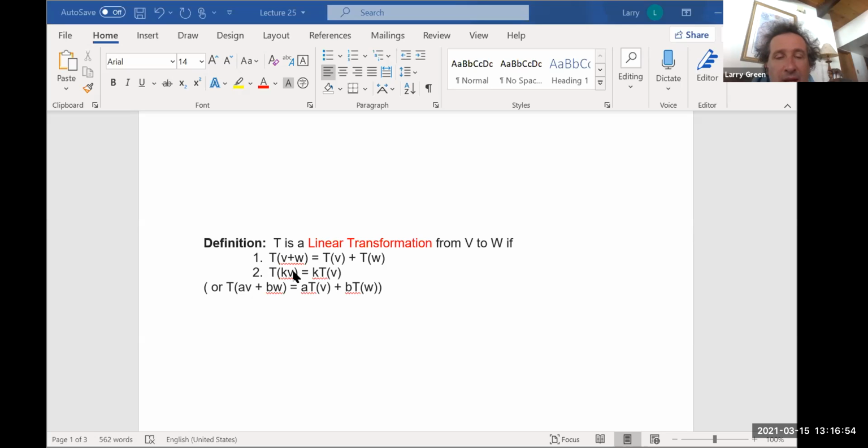Okay. The book actually writes it in one sentence, but I like doing it in two because it's easier. If you have to prove something is a linear transformation, it's a lot easier to do 1 and 2 than to try and do all this at once. But notice that T of AV plus BW must be A T of V plus B T of W. And that's equivalent to both 1 and 2 combined.